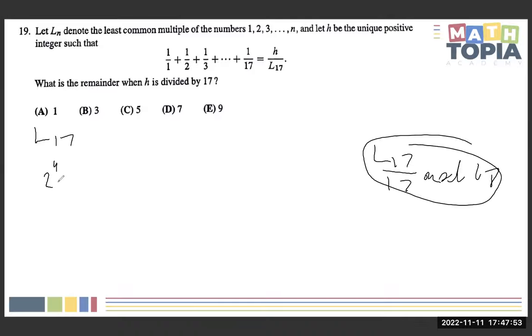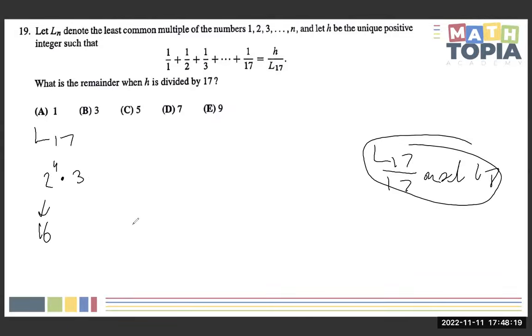The answer is 4, because the highest power of 2 that is less than or equal to 17 is 16. There is no point in having 2 to the 5, because the smallest number that needs it is 32, which is way higher than 17. But 2 to the 4 is necessary and sufficient, so 2 to the 4 is the first term in our prime factorization.